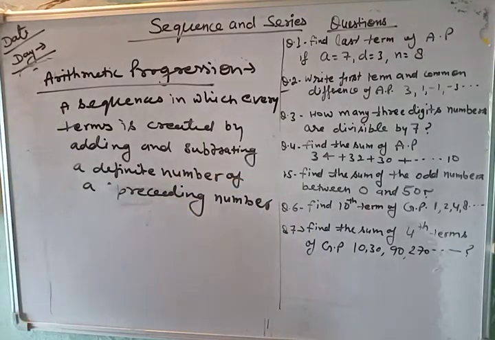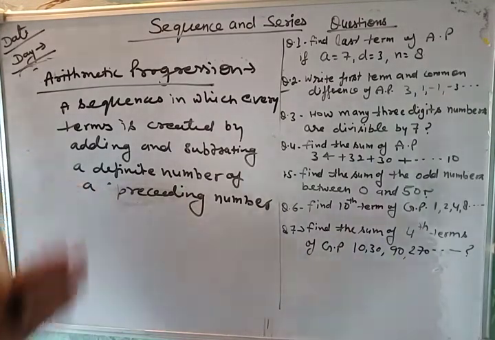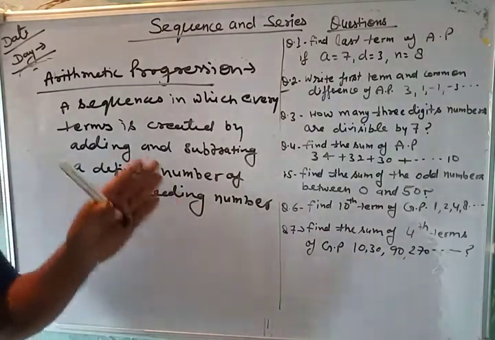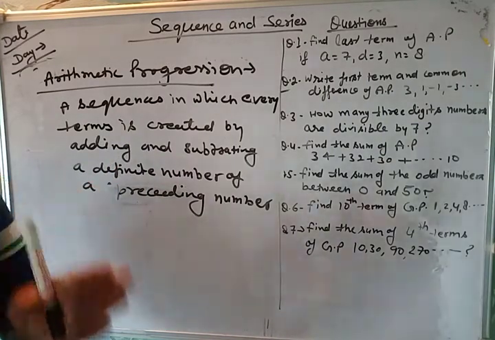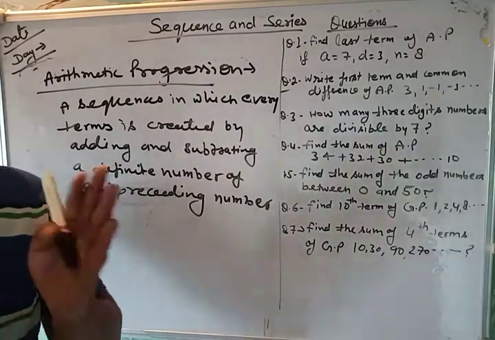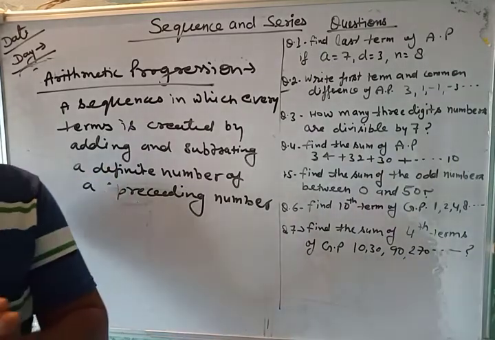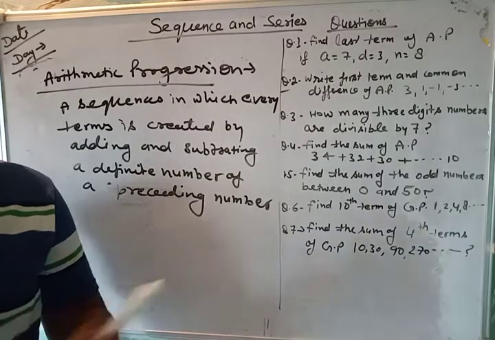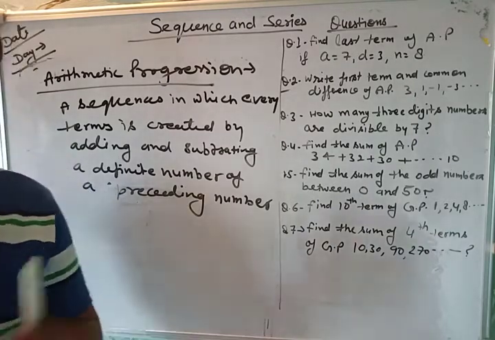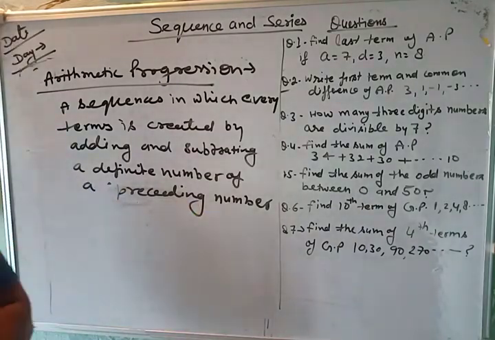It means in an arithmetic progression, the terms are created by adding or subtracting a definite number. मतलब एक फिक्स नंबर होता है जिसको हम एडिंग या सब्ट्रैक्टिंग करते हैं उसके प्रीसीडिंग माने पहले नंबर से. Then we will get a series that is called the arithmetic progression.